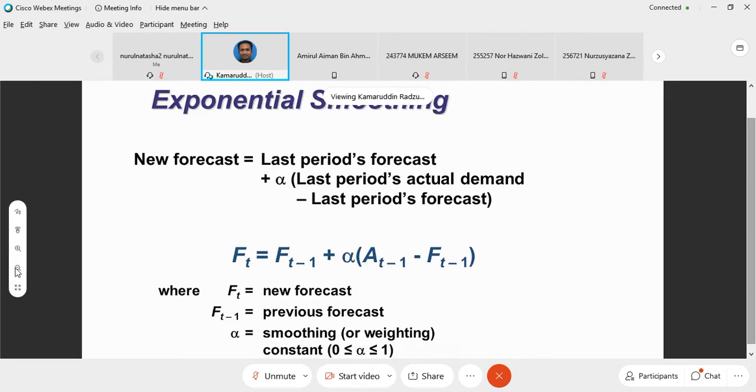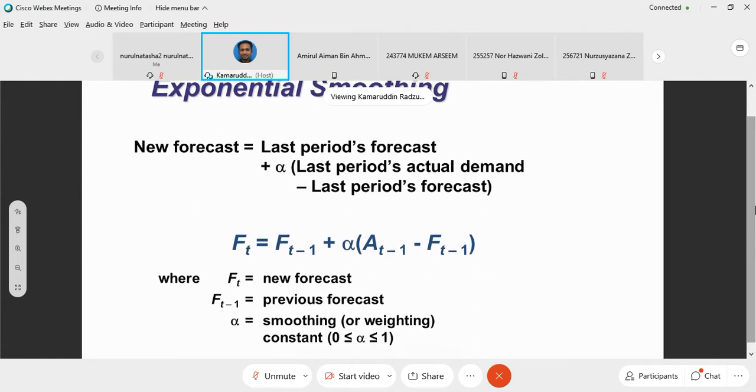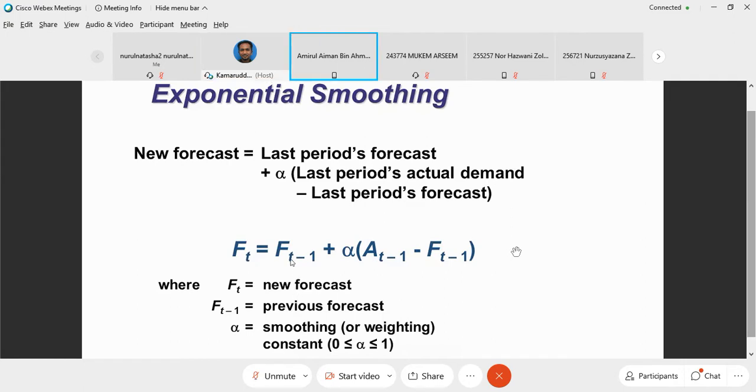For example, we would like to forecast the customer demand on November. So F November equals F T, the new forecast, where T is the new forecast minus 1.